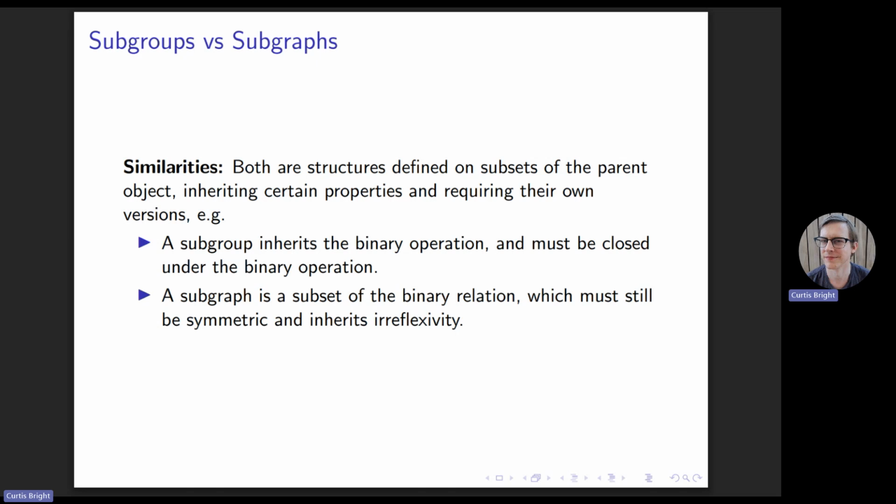Subgroups will also inherit associativity. And then subgraphs are going to be subsets of the binary relation, hand waving a little bit, which must still be symmetric and will inherit, for example, irreflexivity in the case of simple graphs or loopless graphs.